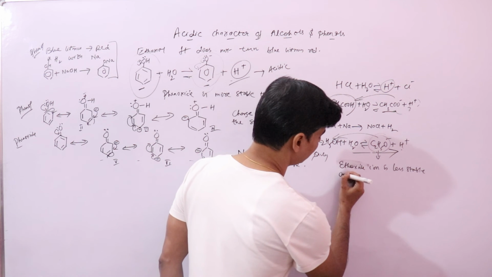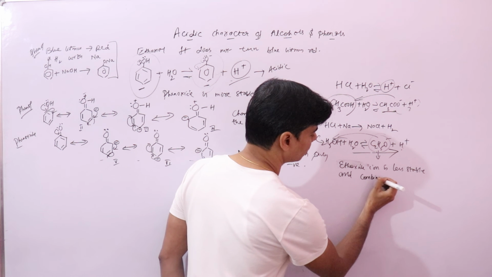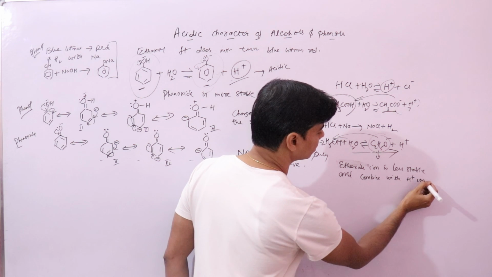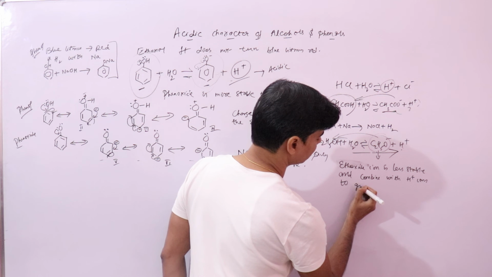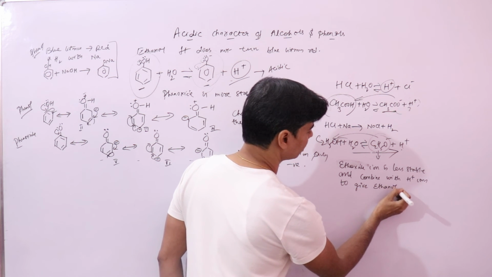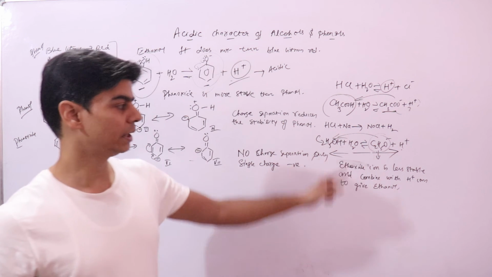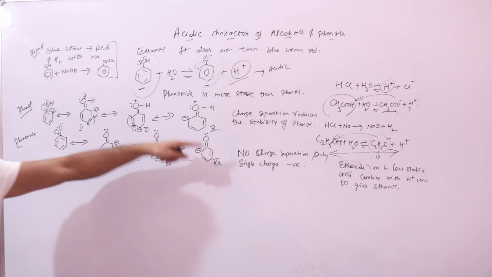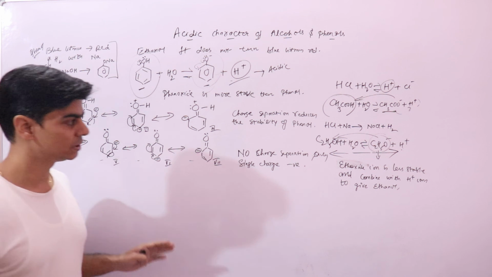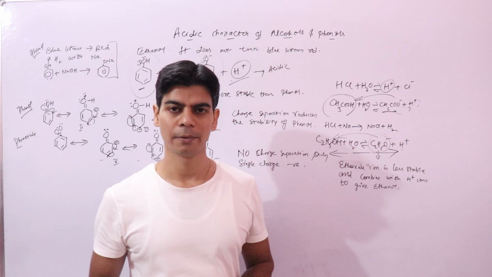It is less stable and combines with hydrogen ions to give ethanol. So the backward reaction is mainly favored here. That is why ethanol is very less acidic compared to phenol, right? I hope this is clear why phenol is more acidic than ethanol.